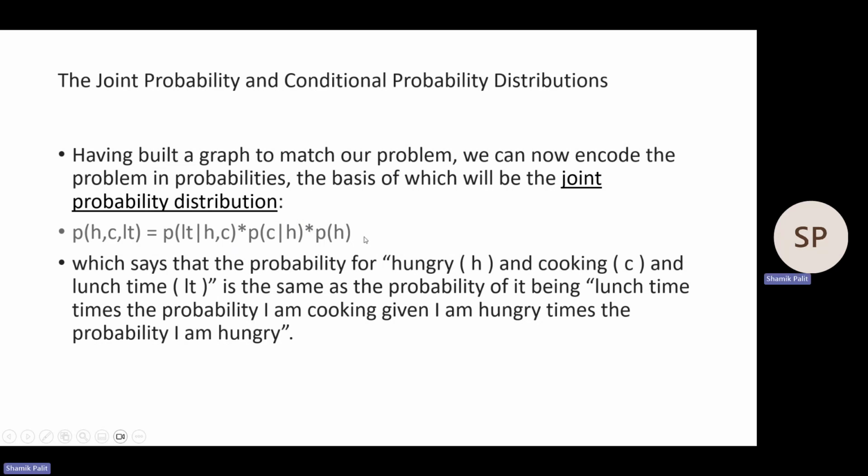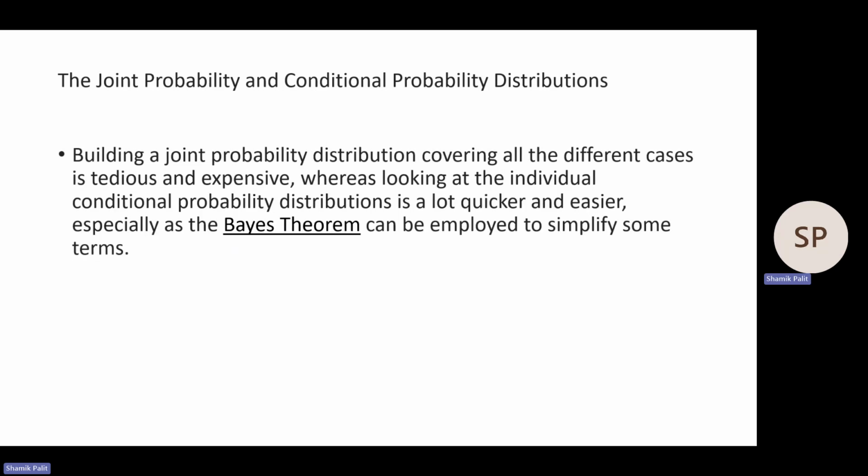So this is exactly what we represent over here: in any specific lunchtime, what is the probability a person is cooking, given that some other person is hungry at the same point of time. So this is how we can make use of joint probability as well as conditional probability in a Bayesian network, which has a significant impact in machine learning models.